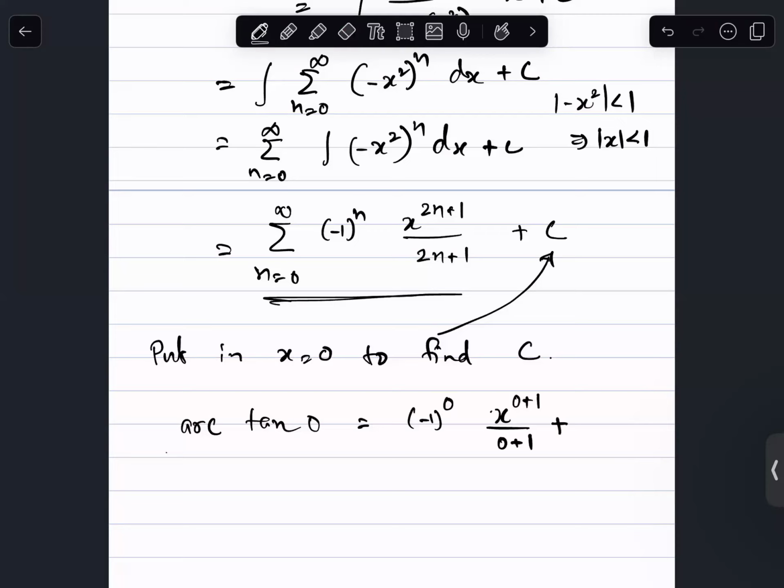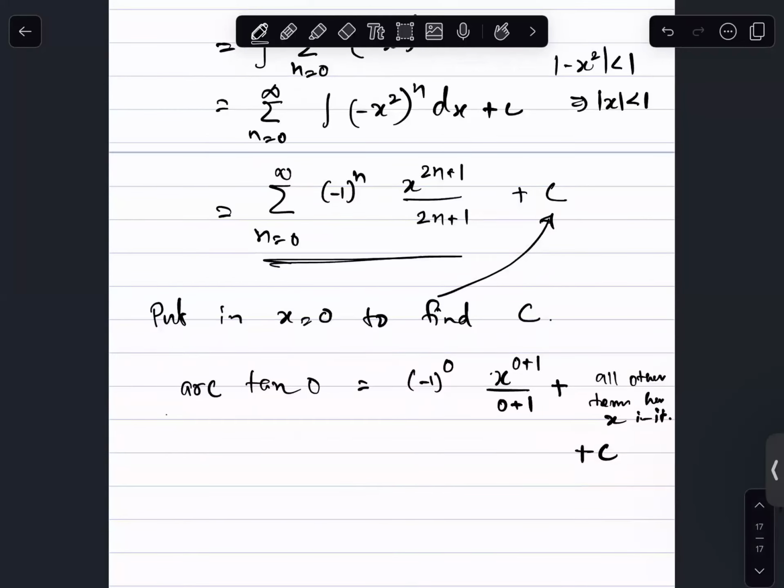All the other terms have x in them, right? So when I put x equal to 0, all the terms will vanish, and here also I have x to the 1.